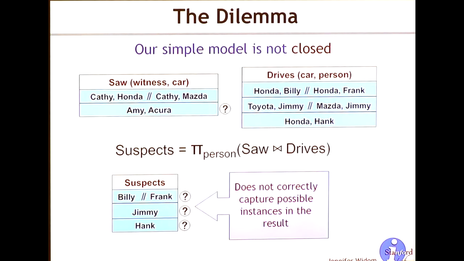And this is the hard problem where I'm going to wait until somebody tells me, why is that the wrong answer? So it might have been an Acura. It might, no, actually it can't have been an Acura because there's nobody here who drives an Acura. But the witness saw one. Yeah, but we're joining. We have to have a witness see it and someone drive it.